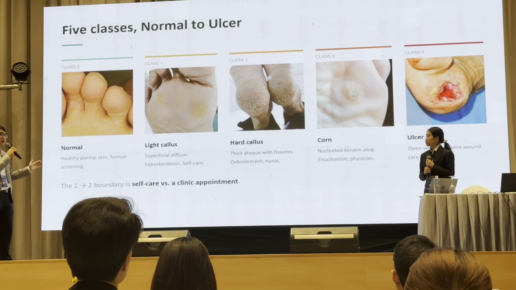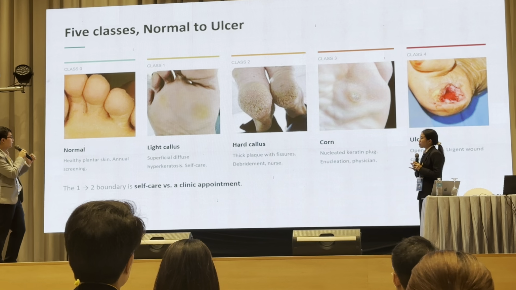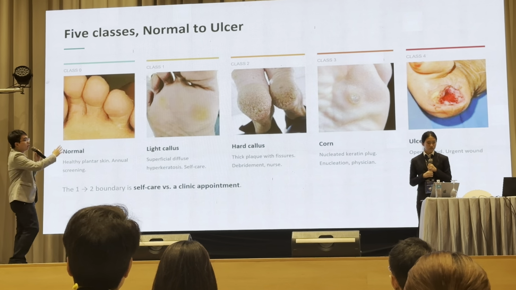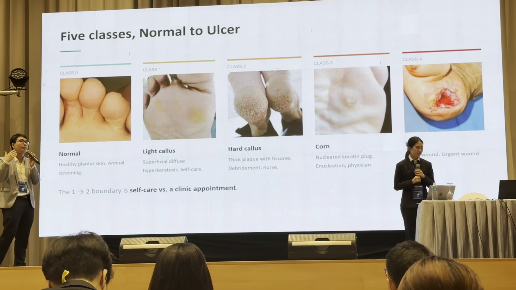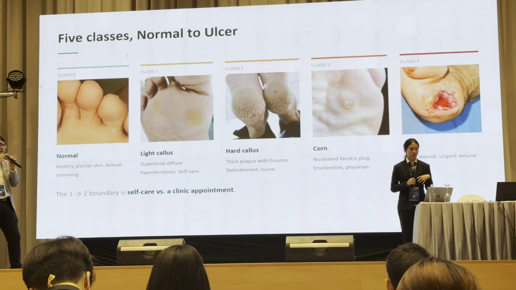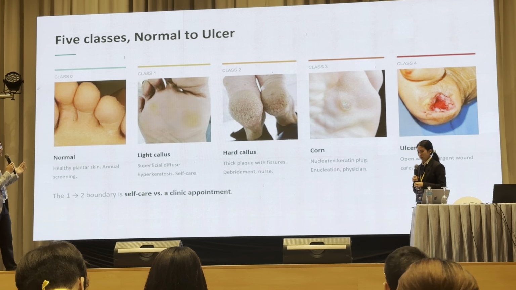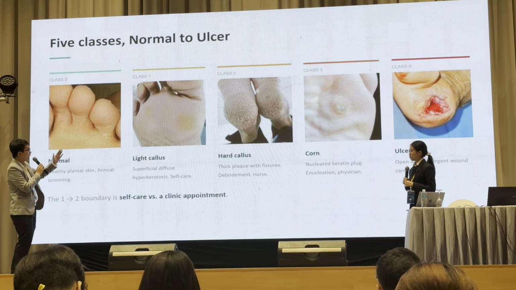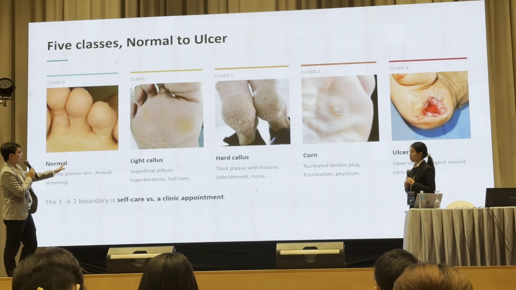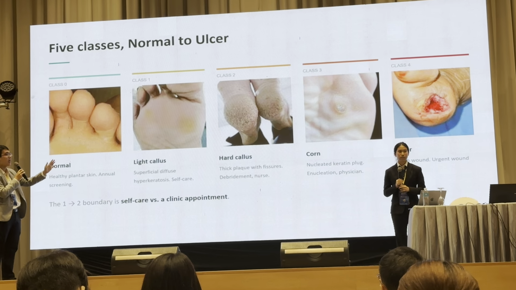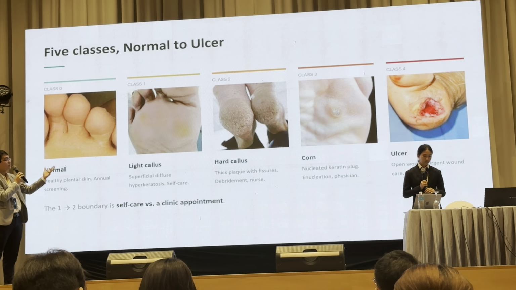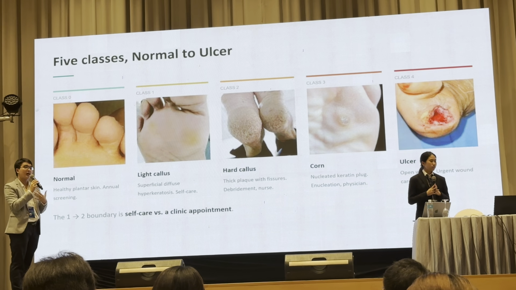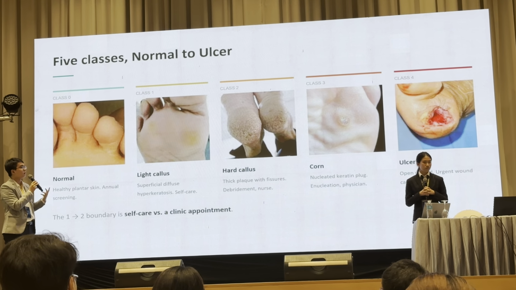So for our classes, we split them into 5 grades. Normal, which is just a typical normal foot, all the way to the ulcer as a developing pathway of the issue and as an overall continuum. As you can see, one specific feature of our classes is we've split it into light and hard callus, with the difference maker being that with light calluses, patients are able to perform self-care.